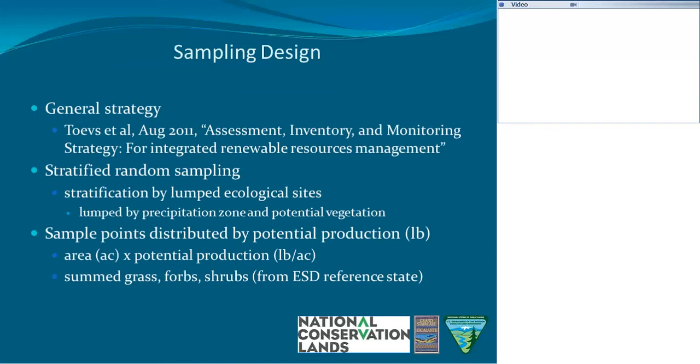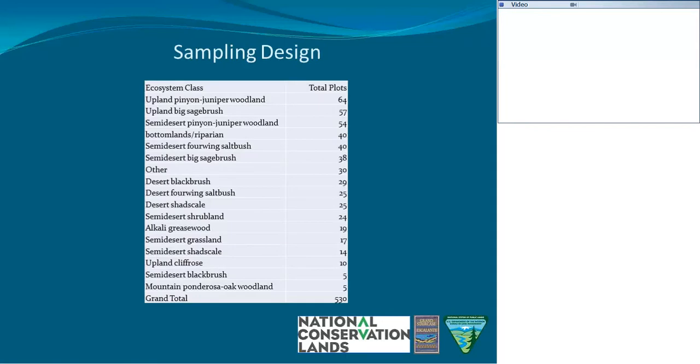And then we also wanted to weight them because some of these have lesser importance and probably, we believe, lesser heterogeneity, and others have greater heterogeneity, so they're lumped by the product of area and potential production, where potential production comes from the reference state of the ecological site description, and it's summed grass, forbs, and shrubs.